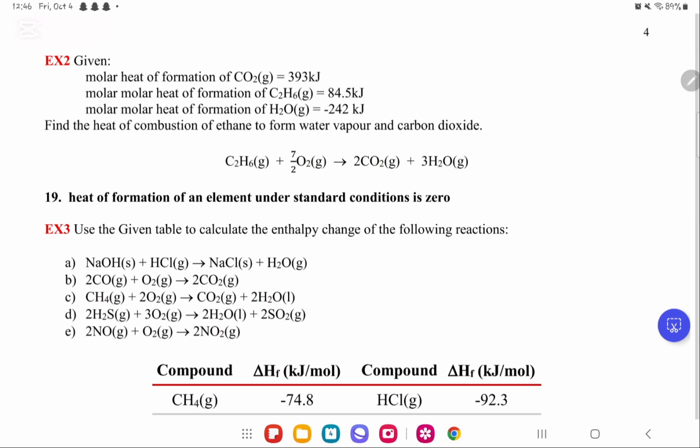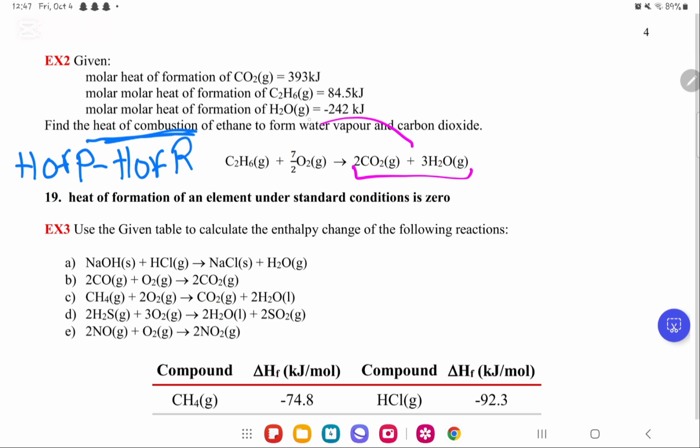We said if they asked us bond energies, we would do heat of reactants minus heat of products. But whenever they ask us the heat of something, heat of formation, heat of combustion, heat of evaporation, heat of condensation, the heat of anything, we do the heat of products minus the heat of reactants. So that means we need to find first the heat of the products, then we need to subtract from it the heat of the reactants.